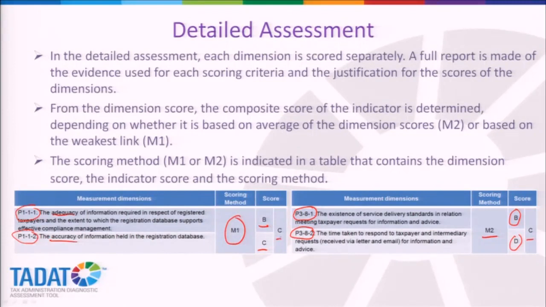So the country, for indicator 1, P11, gets a C. So this is the detailed assessment which is done, which is the meat of the report, basically. And in this, I'll repeat again, you have to give a summary of the details of the evidence that you have gathered.